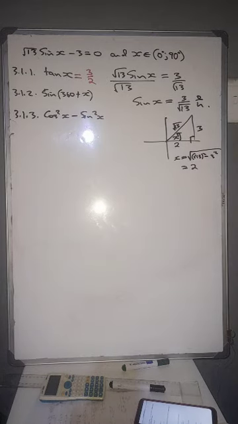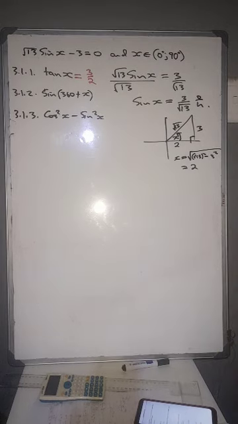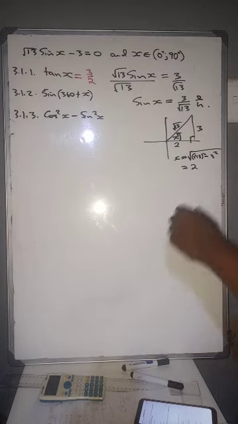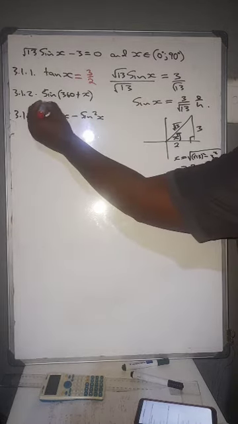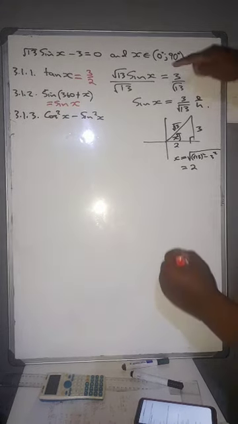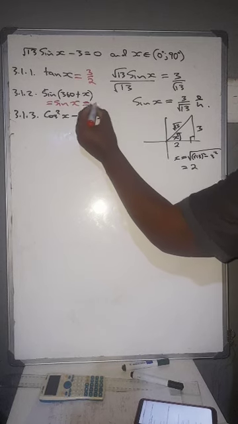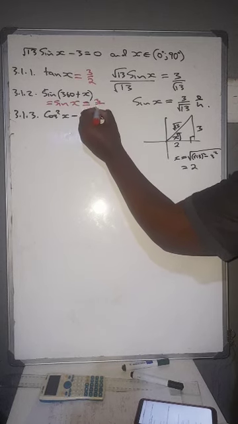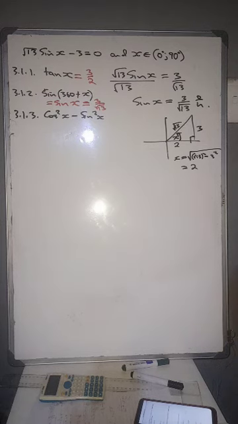And then the second one, sine of 360 plus x. This one is in the first quadrant, so it's equal to sine x, and we have already been told that sine x is equal to 3 over root 13.